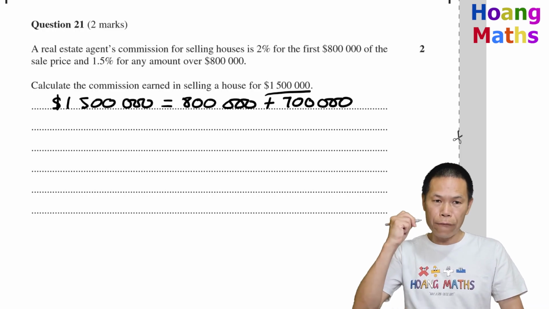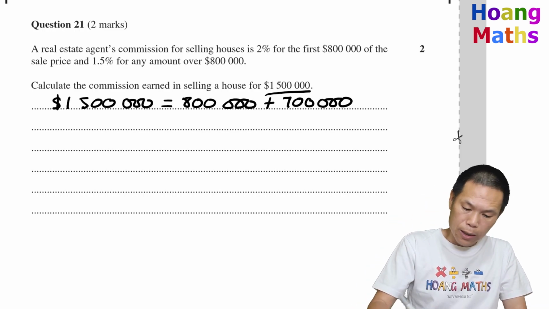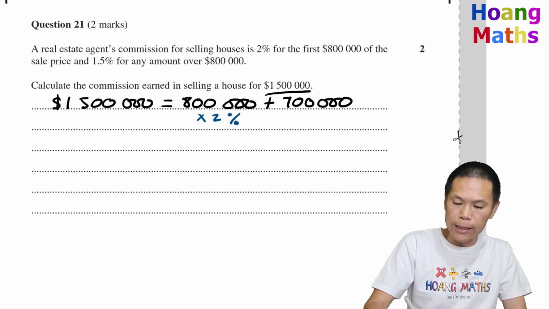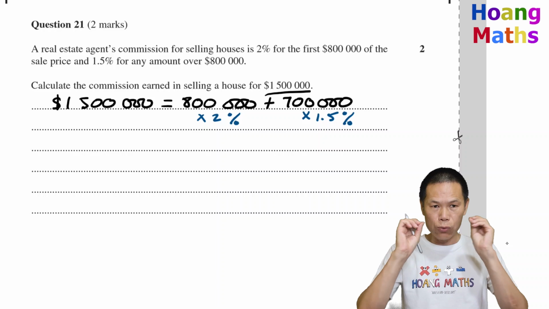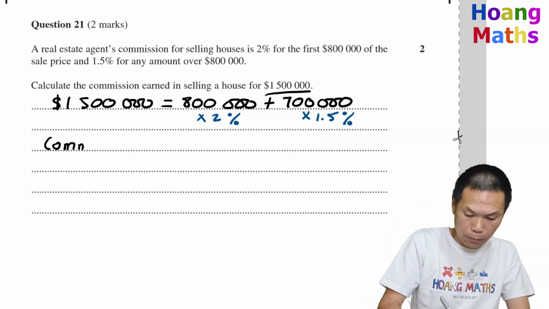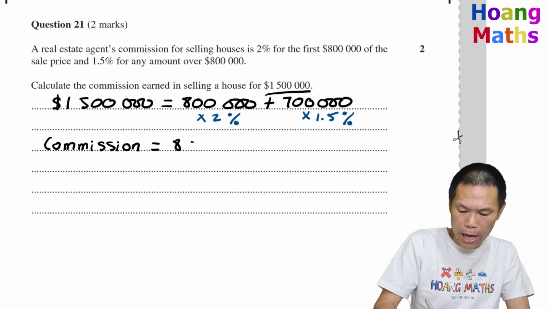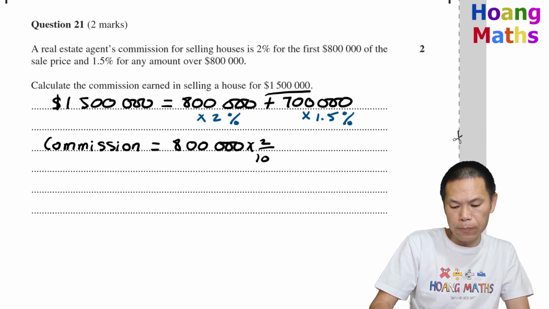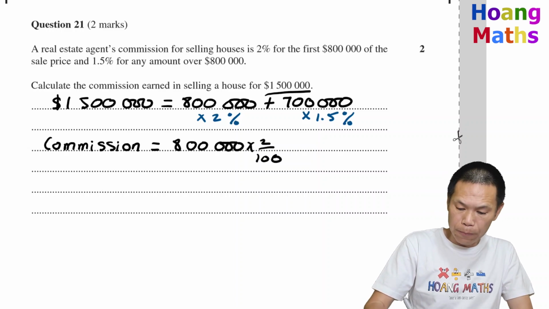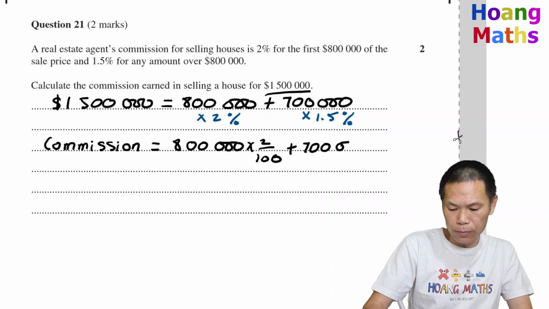Okay, so now the first 800,000 will get 2%, and this one is 1.5%. That's all it is. Okay, let me just write this out. So $800,000 times 2%, and whatever is left, that is 700,000, we times by 1.5%.